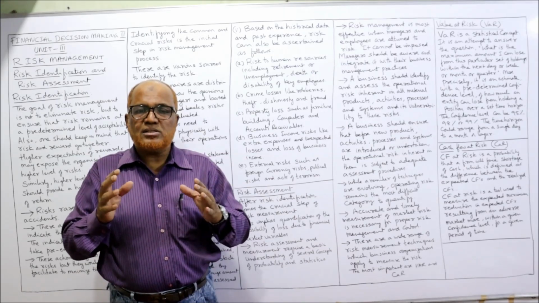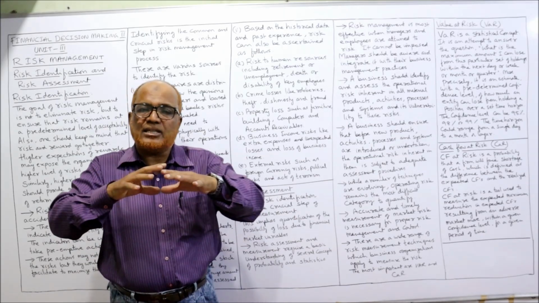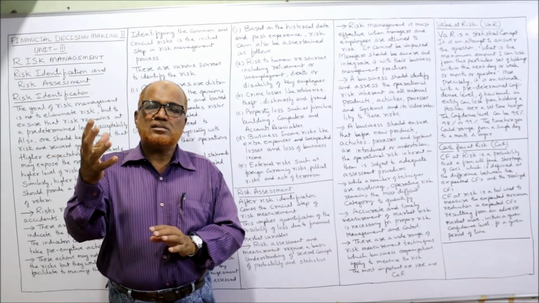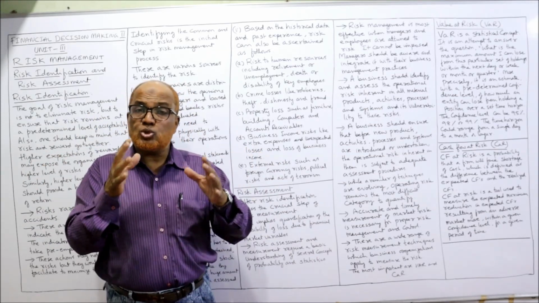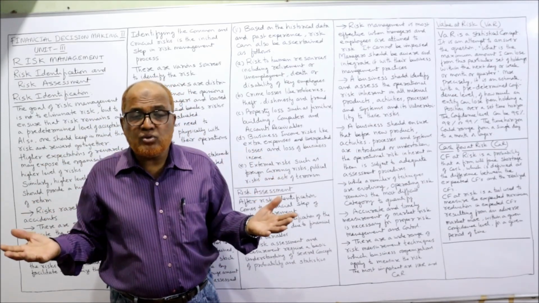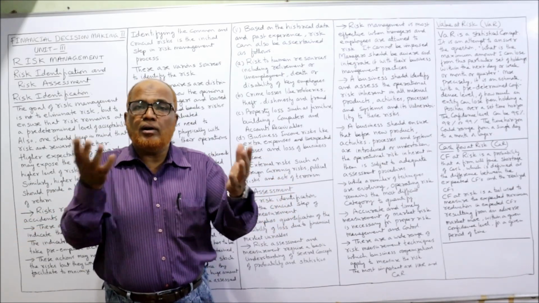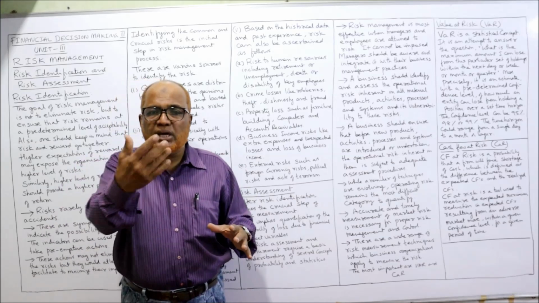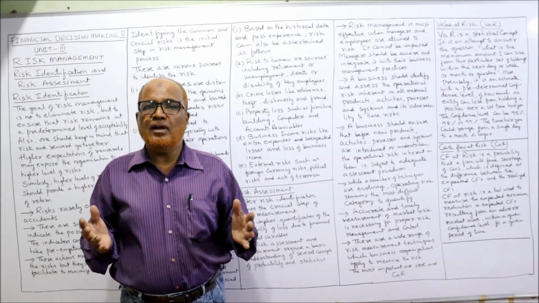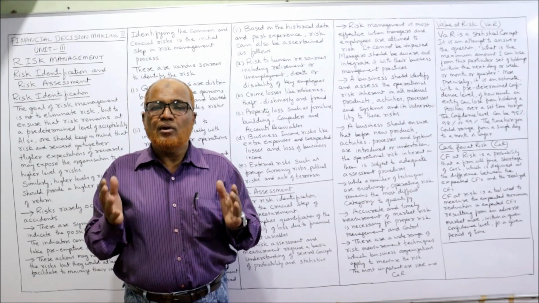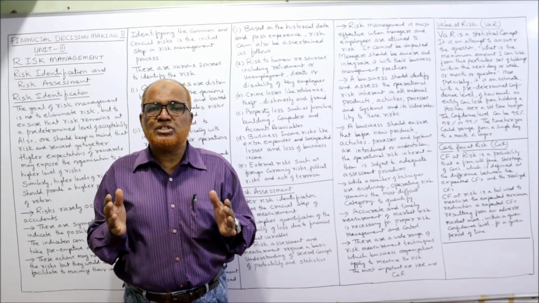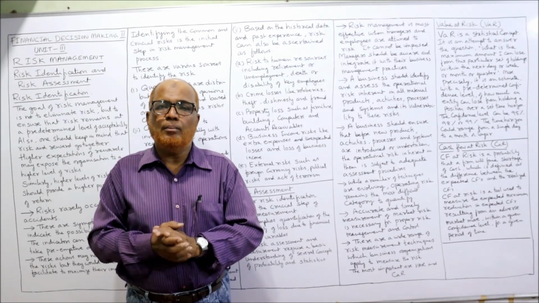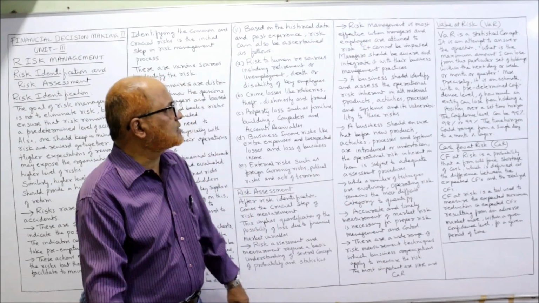The management must make all the managers attuned to risk. Risk should not be imposed. The manager should not have to be told that we are having so much risk. No, they must already know it. So the company should educate the managers that we are exposed to risk, and we have to take effective steps in order to minimize and control the risk.